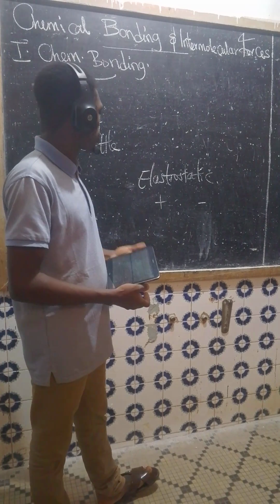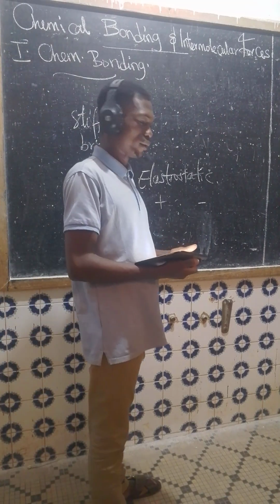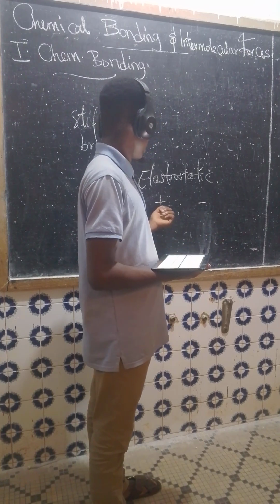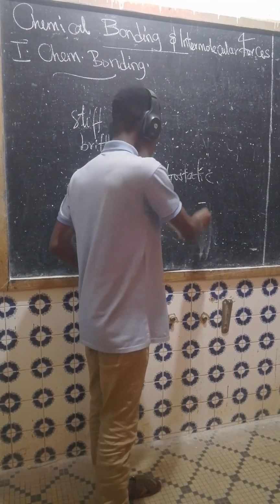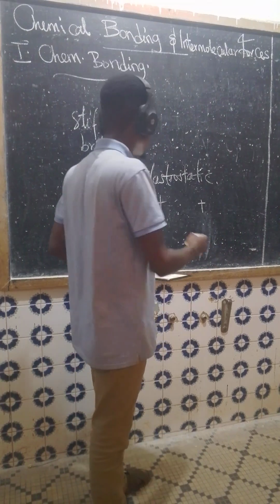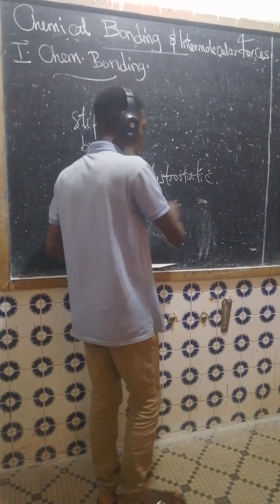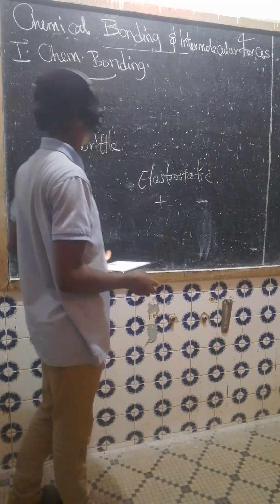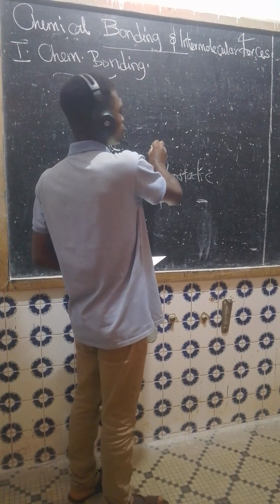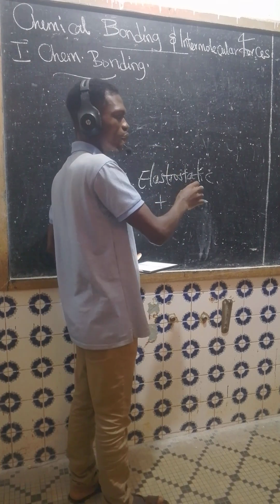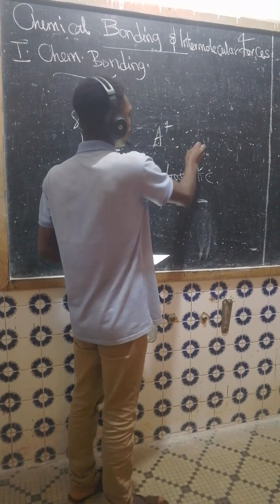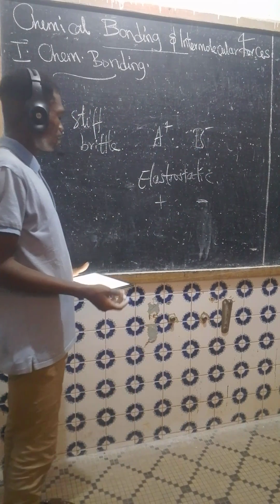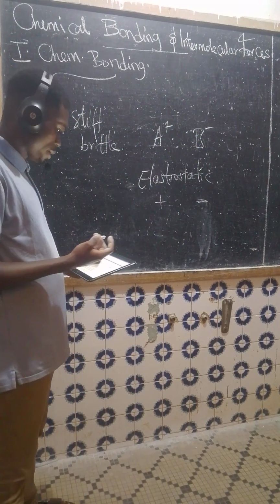You know very well that unlike charges attract, and like charges repel each other. So there is a force that exists between them. The force between charged particles is always electrostatic in nature. So when we are talking about ionic compounds, we have an anion and a cation, so the force between them is electrostatic.